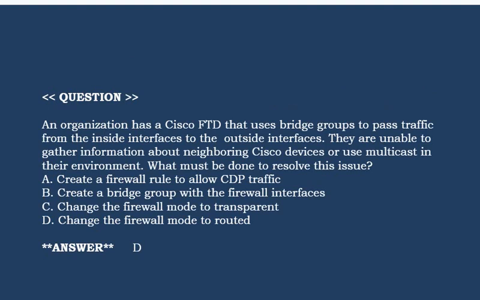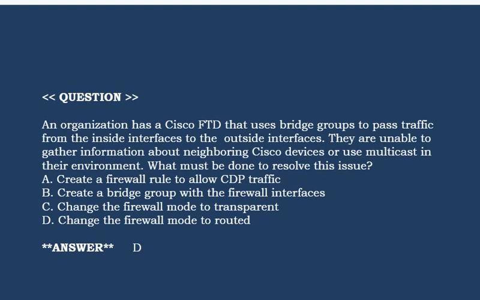Next question is, an organization has a Cisco FTD that uses bridge groups to pass traffic from the inside interfaces to the outside interfaces. They are unable to gather information about neighboring Cisco devices or use multicast in their environment. What must be done to resolve this issue?